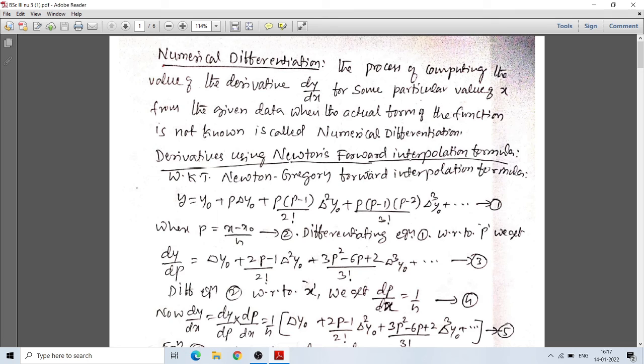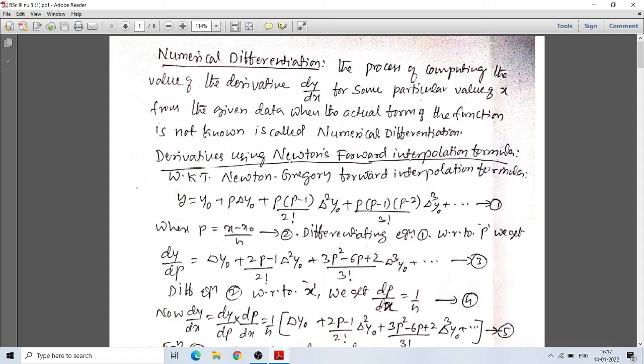Good morning, students. Today we are going to study one more method of the Newton forward interpolation formula in terms of derivatives. Let me explain the meaning of numerical differentiation.